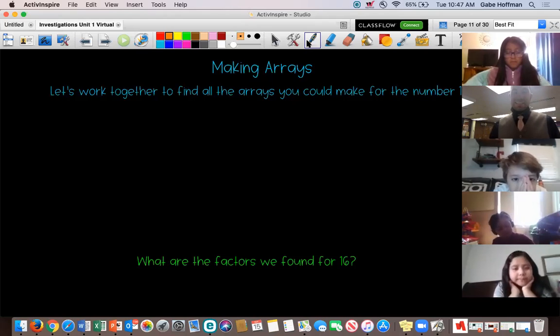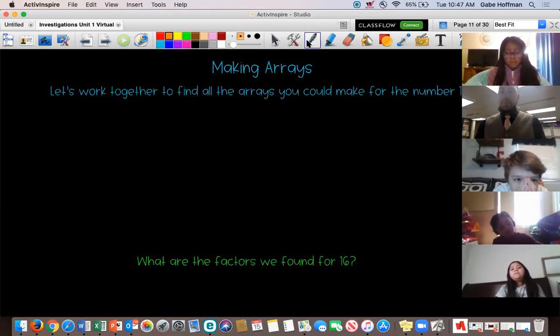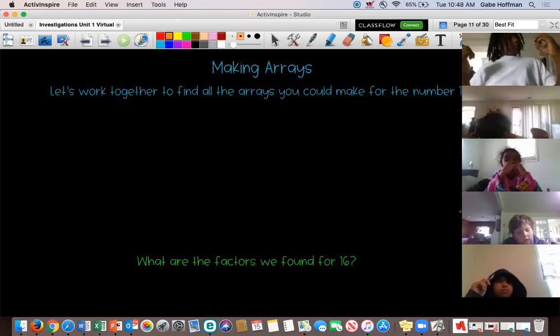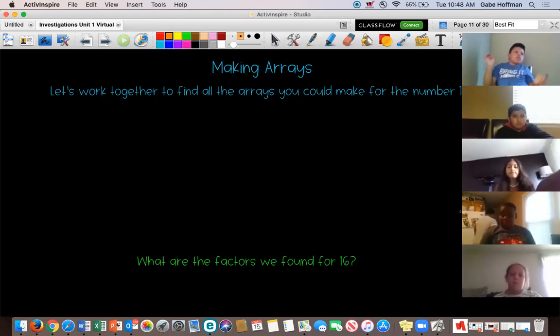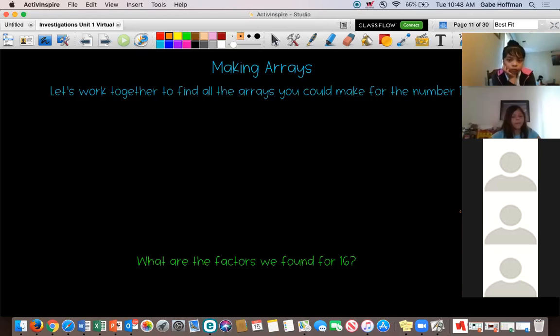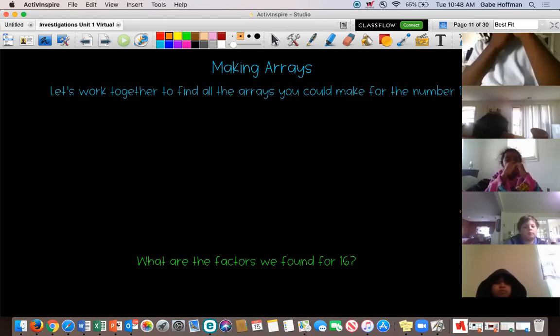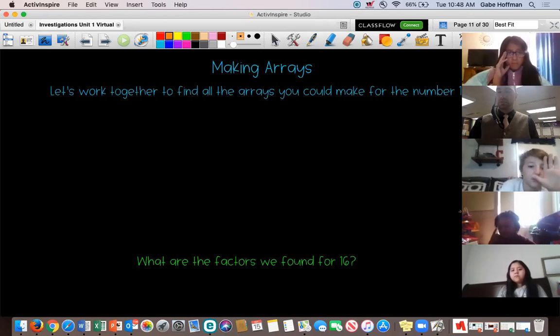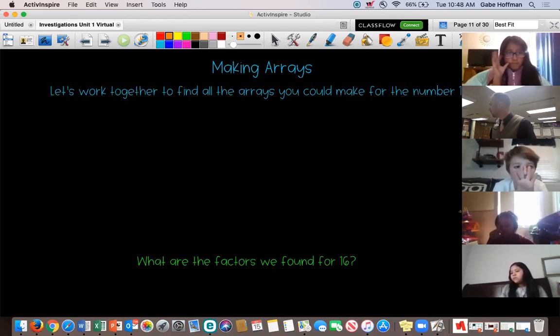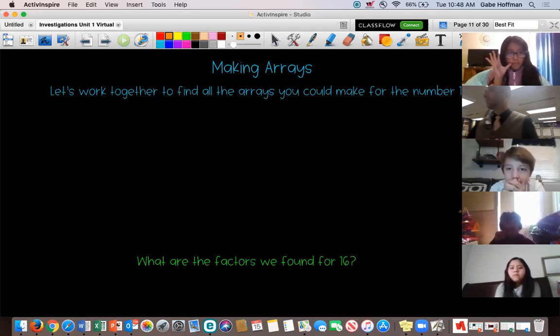So if this is 16, what do we know is going to automatically be a factor pair? Raise your hand if you can tell me. Always the number itself and 1. So what would it be in this one, CJ? 1 and 16.